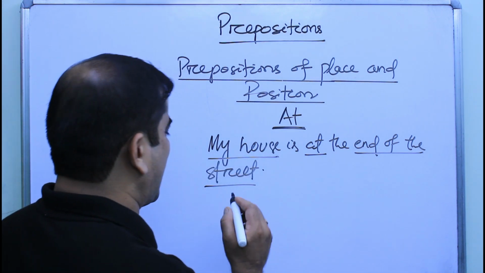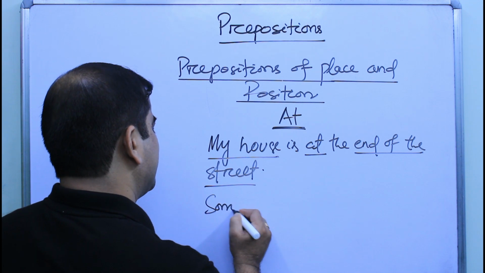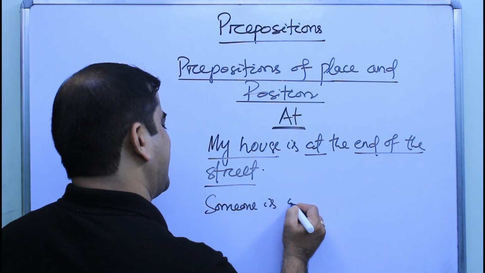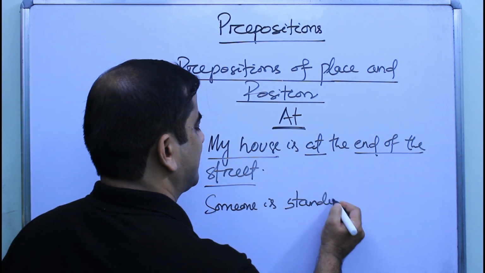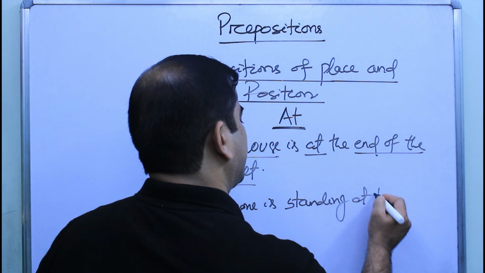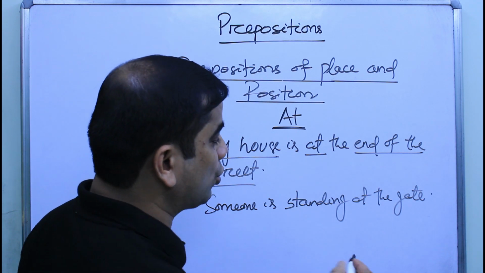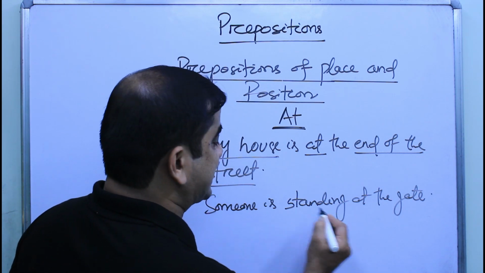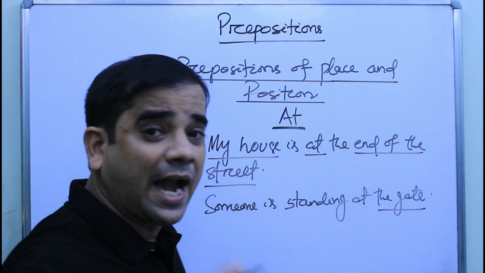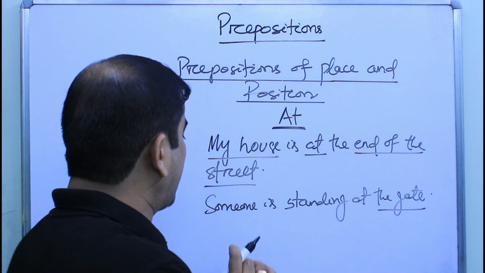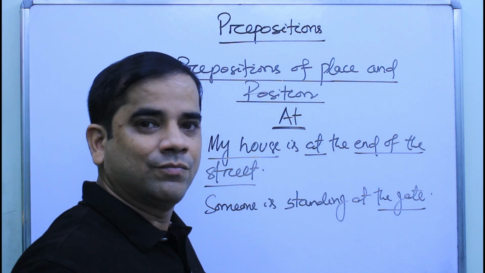Same way, if I write someone is standing at the gate, what does it show? It shows that someone is standing at the gate. So the gate is the exact location where someone is standing.